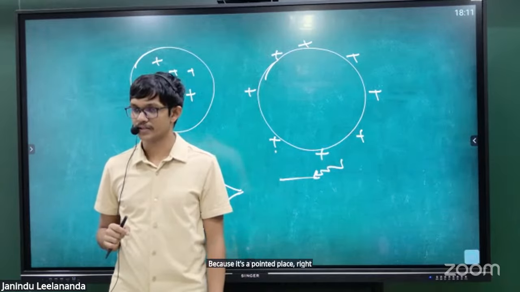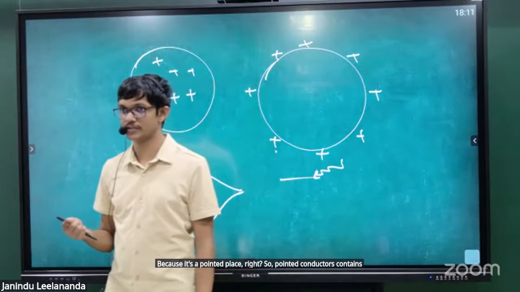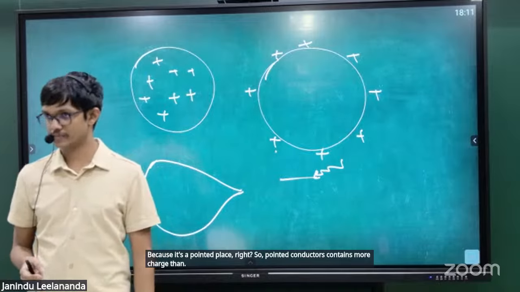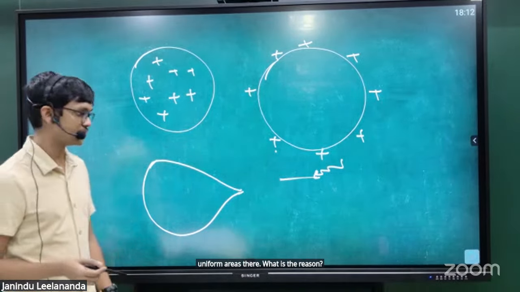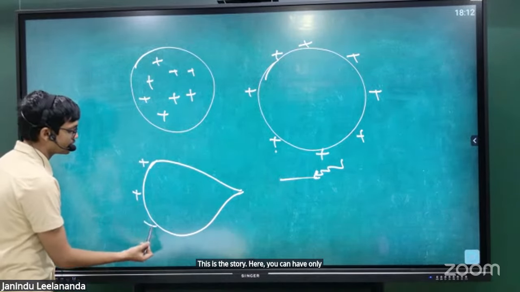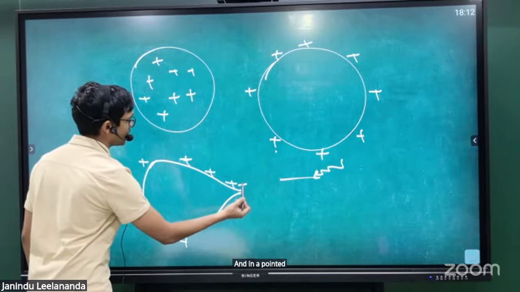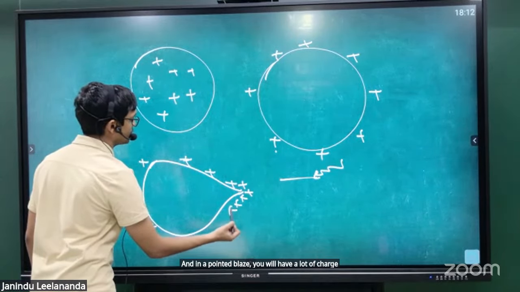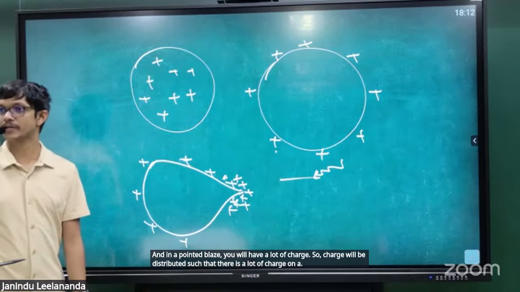So pointed conductors contain more charge than uniform areas. Clear? Here you can have only a small amount of charge, and in a pointed place you will have a lot of charge. So charge will be distributed such that there's a lot of charge on a pointed place. Why? What is the reason?